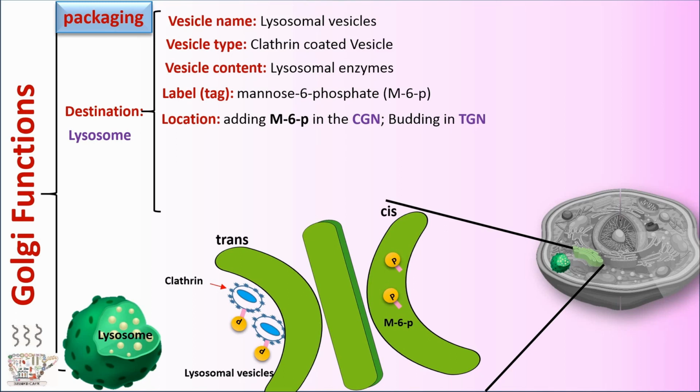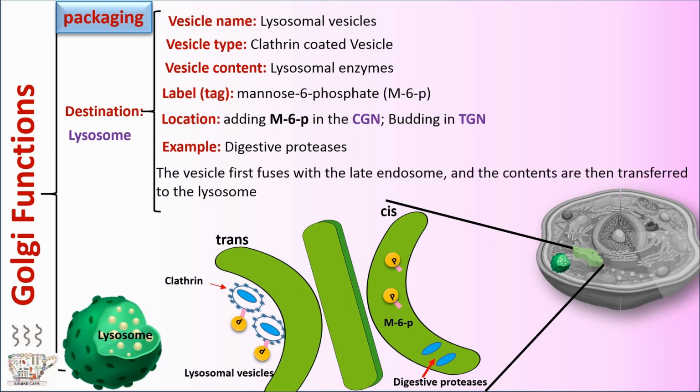Adding M6P occurs in the CGN and budding occurs in TGN. One example of lysosomal vesicle is vesicle containing digestive proteases. The vesicle first fuses with the late endosome, and the contents are then transferred to the lysosome.